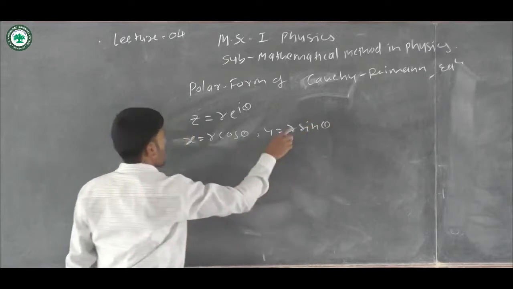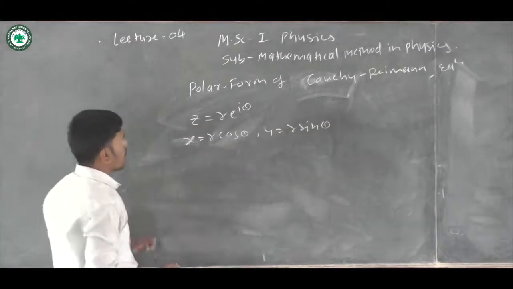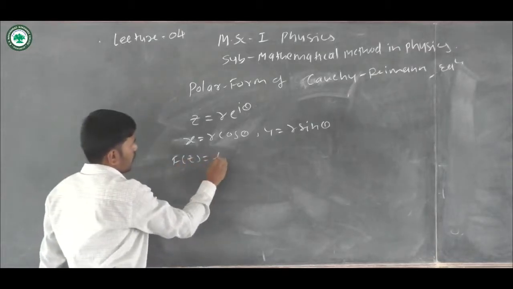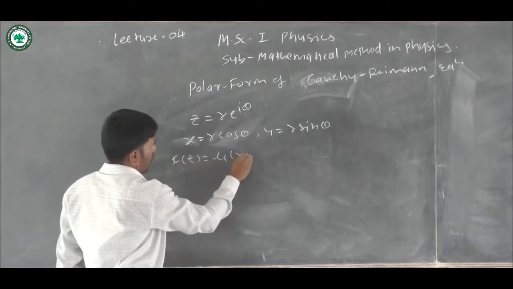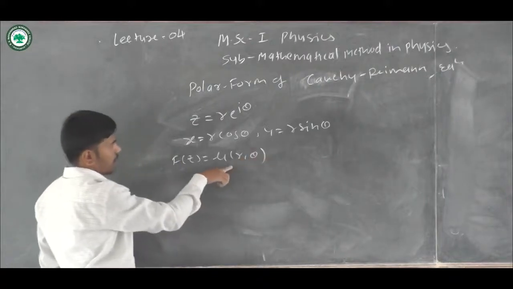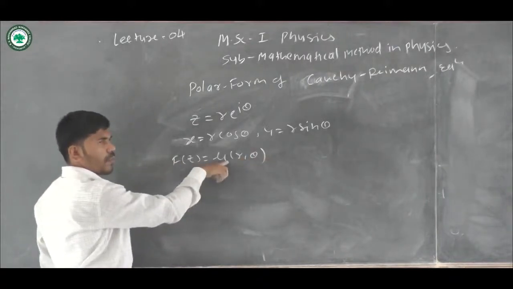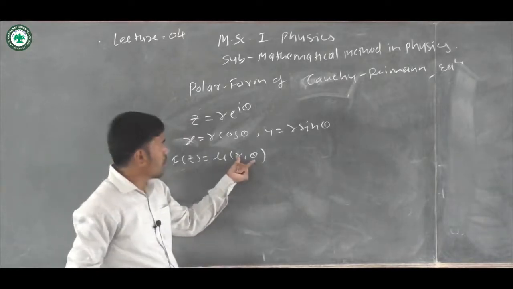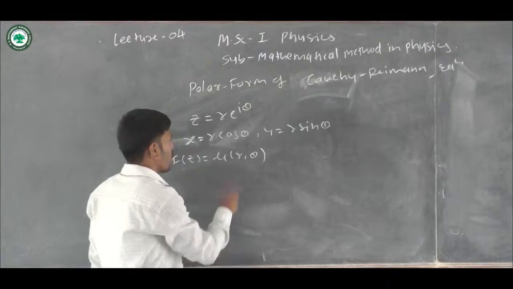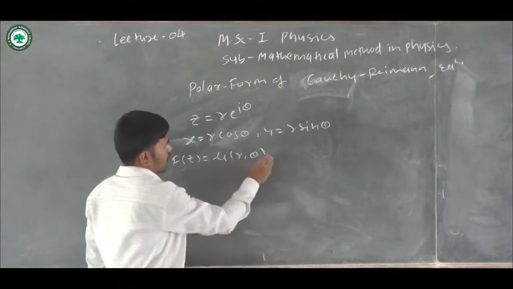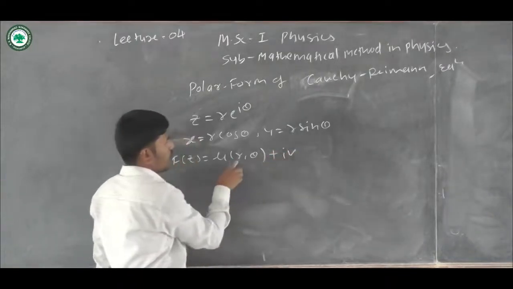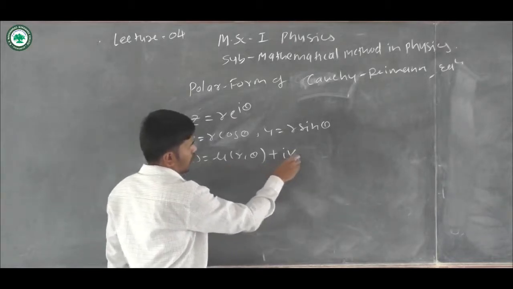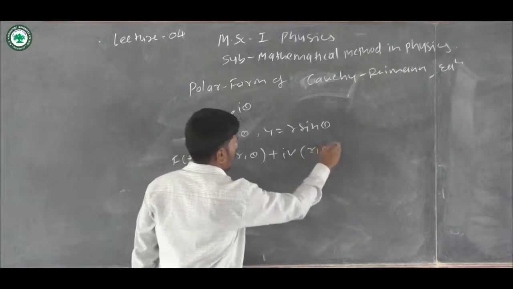Okay, these relations are important. Also f(z) is equal to u(r, θ) + i v(r, θ). This is the function in terms of the polar variables r and θ, and u and v are functions of r and θ.